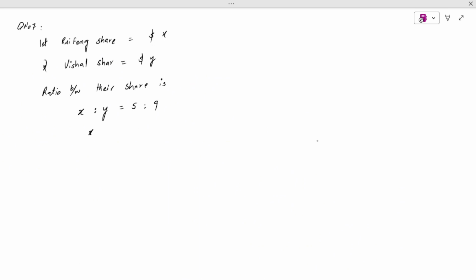Converting the ratio into a fraction, we get X over Y equals 5 over 9. By cross multiplication, we get 9X is equal to 5Y, or we can say that 9X minus 5Y equals 0. We consider this as equation number 1.